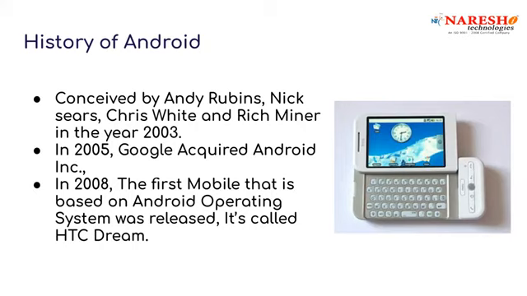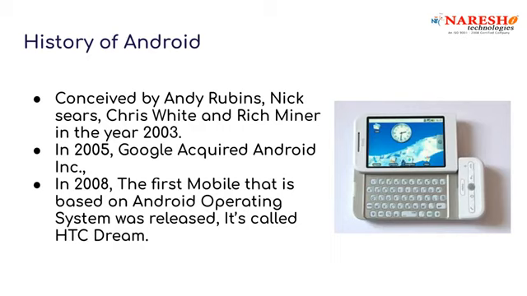So they floated a company by the name Android Inc. in 2003 and started developing the operating system. Very soon, they realized that the digital camera market was not so big, so they would not be able to make enough money.